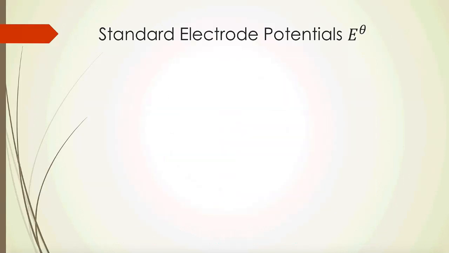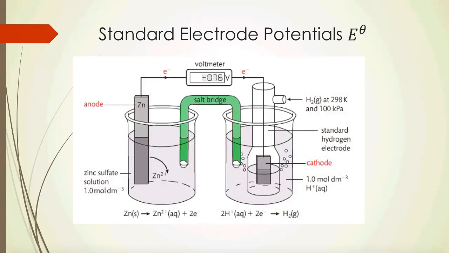Let's take a look at the zinc. When we want to figure out the zinc value, zinc is placed in a half reaction with hydrogen. Instead of the previous one where hydrogen was the oxidation half reaction, in this one hydrogen is being reduced. So hydrogen is at the cathode, and that's why zinc is on the left-hand side and zinc is the anode.